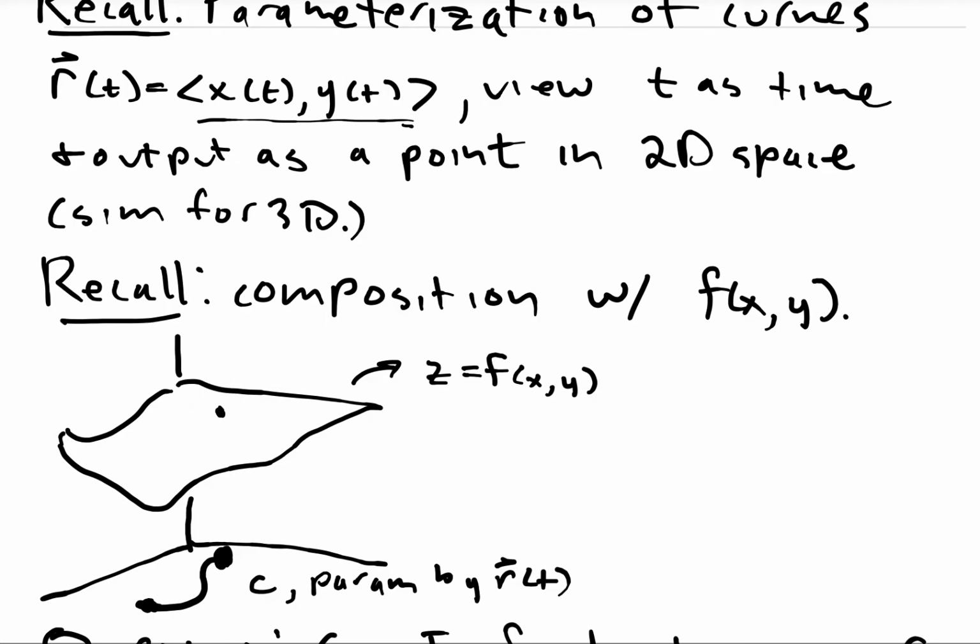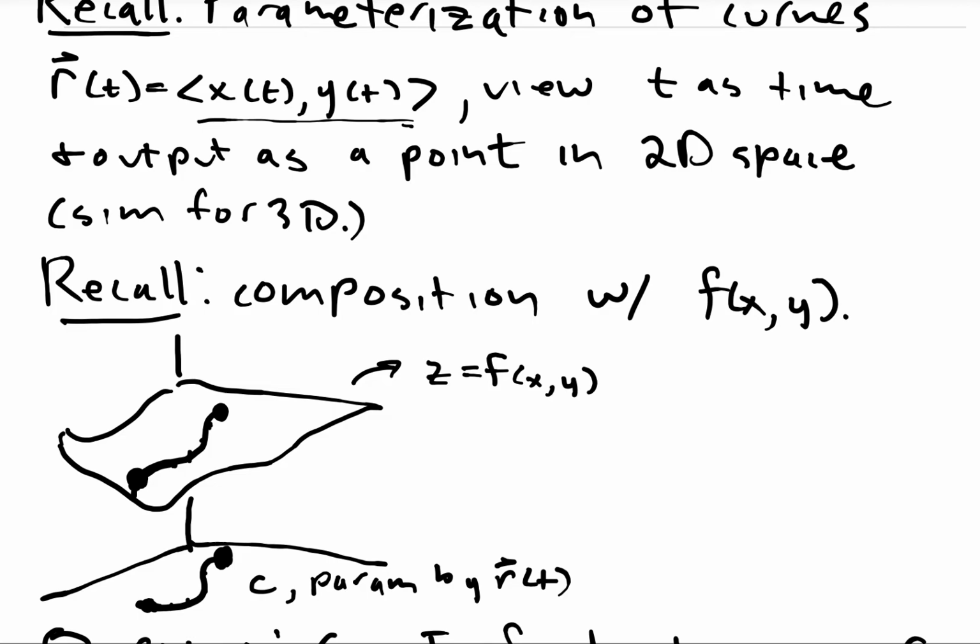Now, I can keep repeating this process here, and track what's going on when I plug in each of these points, so that ultimately when I take this composition, I'm going to get some sort of three-dimensional curve that lies above my original 1 and 2 space.